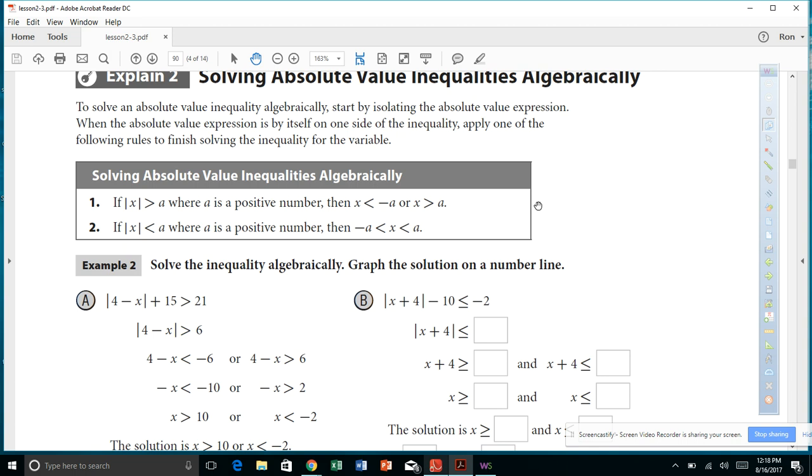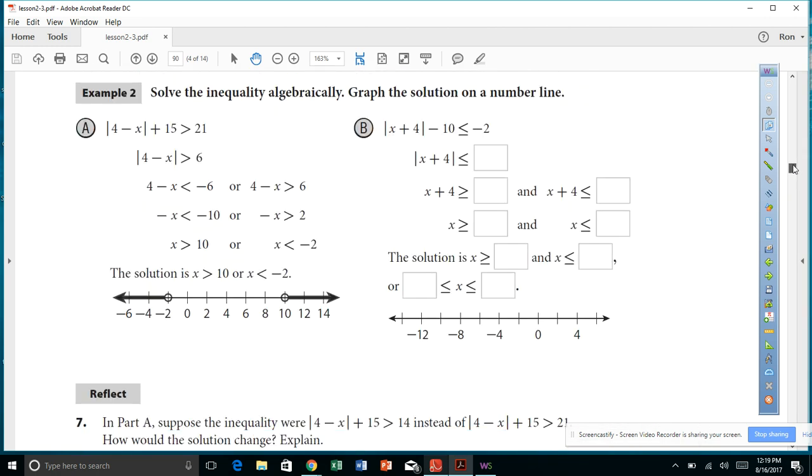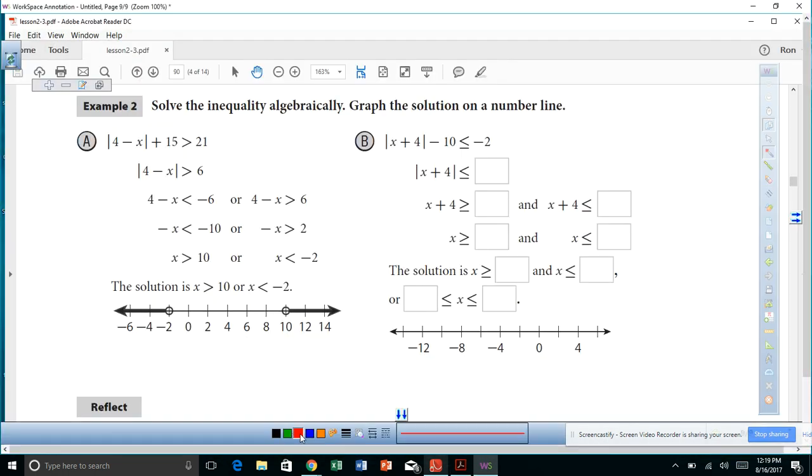So, example 2, solve the inequality algebraically, then graph the solution on a number line. So a, you can do by yourself, and when you get back, we'll do b together. Glad you're back. Let's try b.